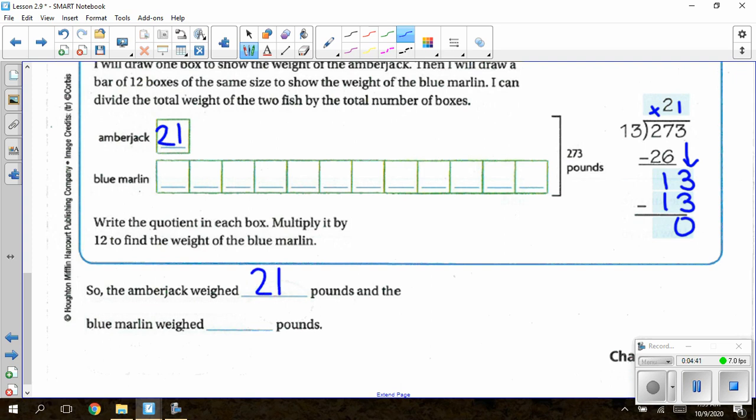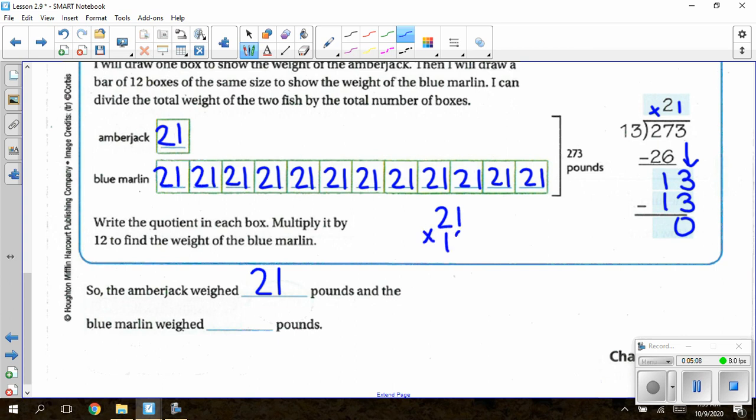And then I need to write the 21 pounds for each box of the blue marlin. So now to figure out the weight of the blue marlin, I need to take the weight of one box, which is 21, and multiply it by the 12 boxes.